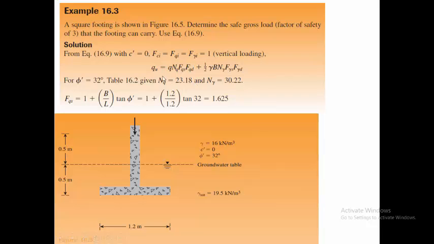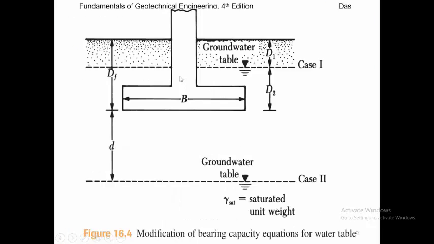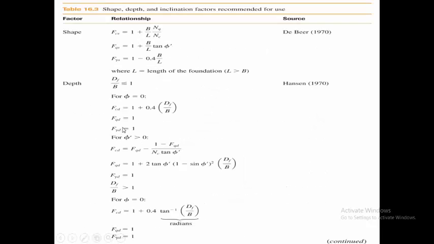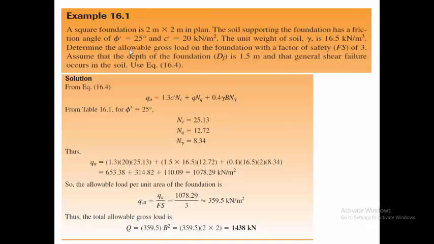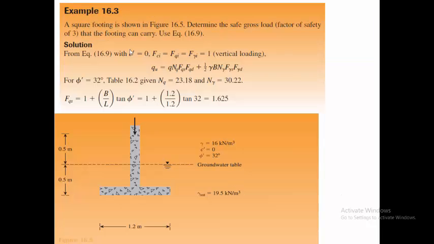And here the factors are FQS and FQD, this is the formula. FQS is the shape factor, so 1 plus B over L tangent phi, which is 1.625.